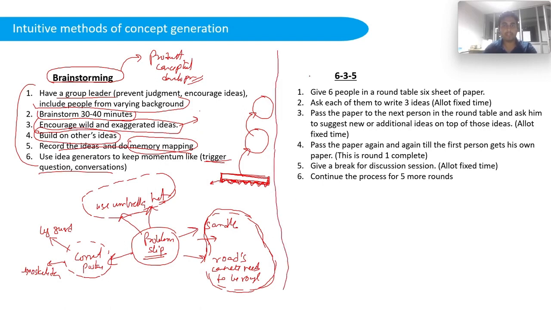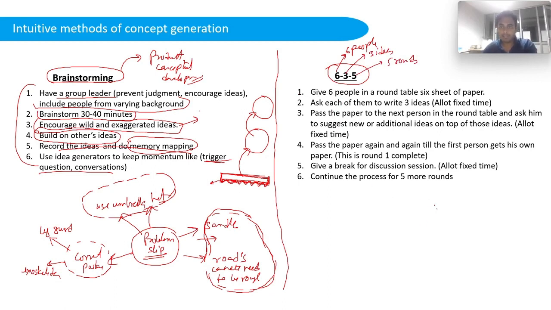Another intuitive technique is the 635. So 635 is basically six people, each of them generating three ideas, and there will be five rounds. How will this be conducted? It's written here.